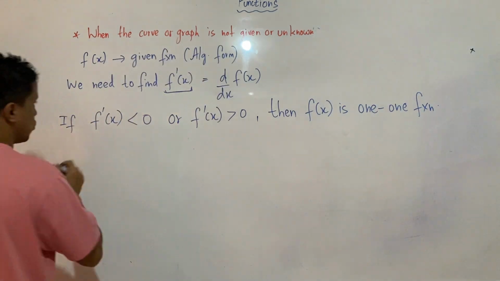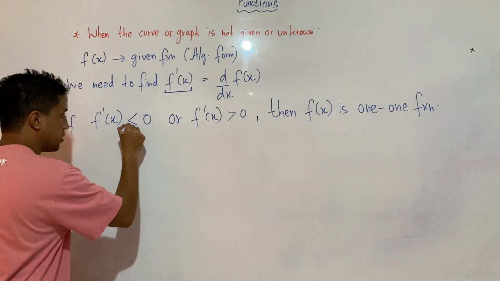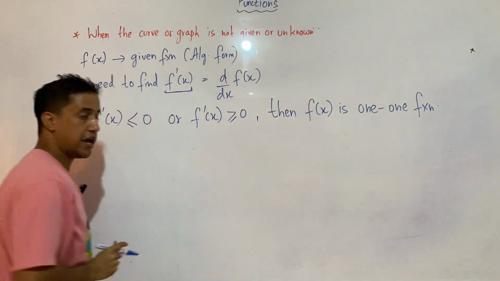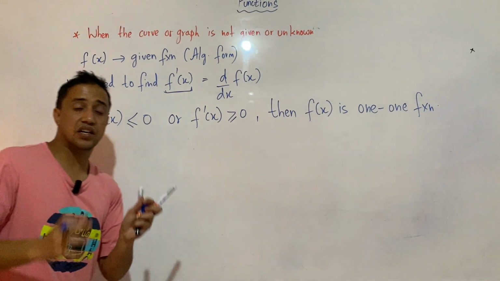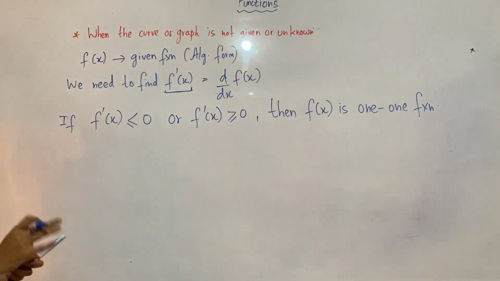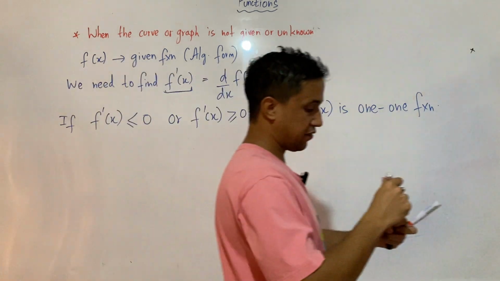And sometimes we also put equal to 0 here, but only at discrete points. Now I will try to explain this whole point.